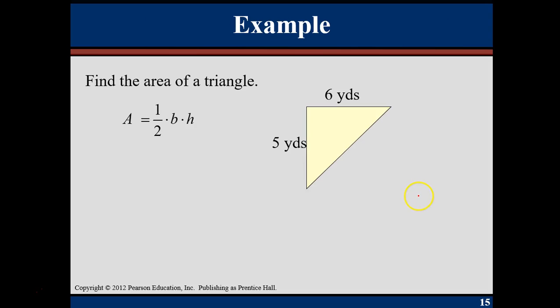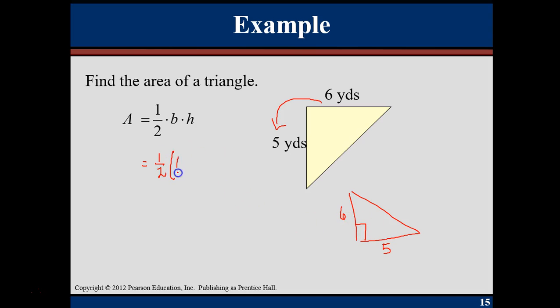If I want to find the area of the triangle, it's 1/2 the base times the height. It doesn't matter who's the base and who's the height, because I could just flip this guy this way, and suddenly my base would be the 5 and the height would be the 6. So since I can just rotate it however I want, I can make whatever piece I want to be the base and the height.